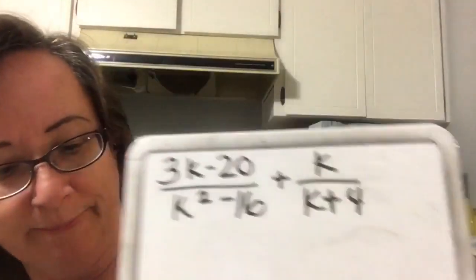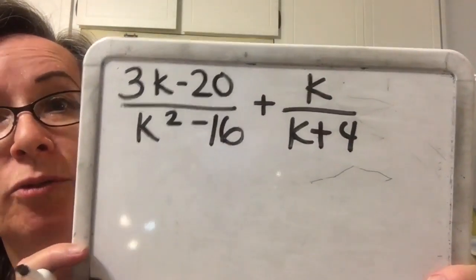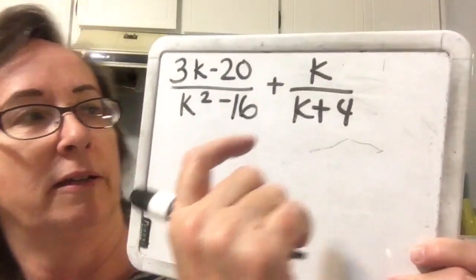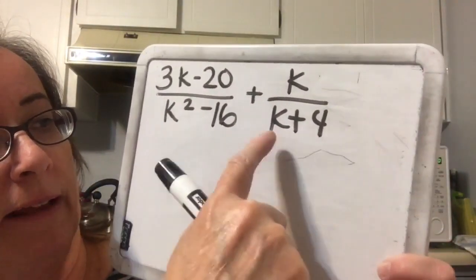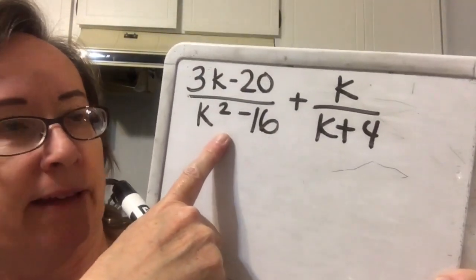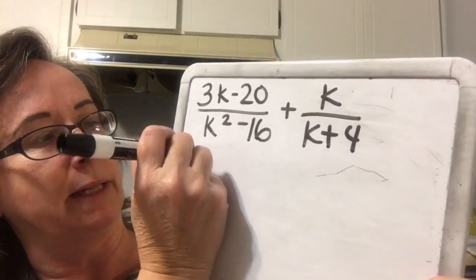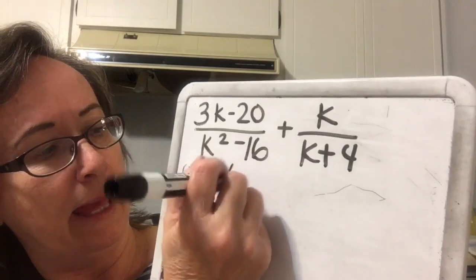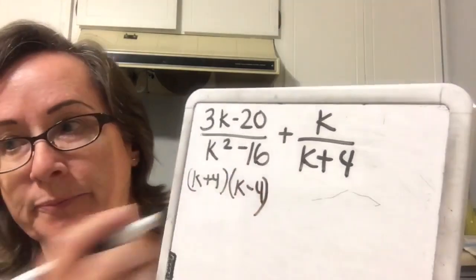So the next one, okay, we have 2 different denominators, but if you're looking, k plus 4 is inside this one, because when we factor this one, we get k plus 4, k minus 4.